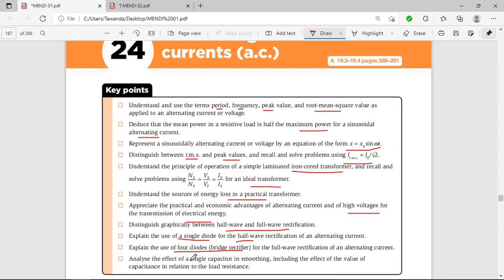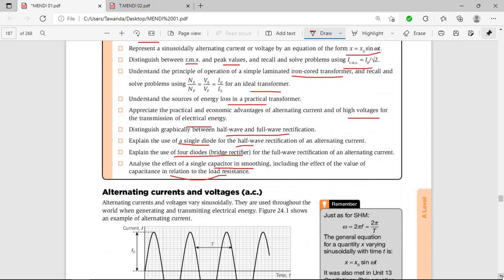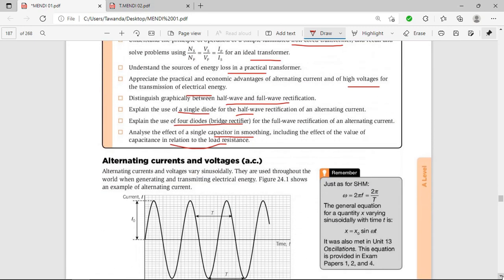And also the importance of capacitors in smoothing. You also need to know the effect of the value of the capacitance in relation to the load resistance. So what is an alternating current?